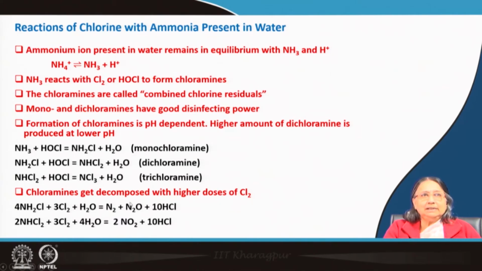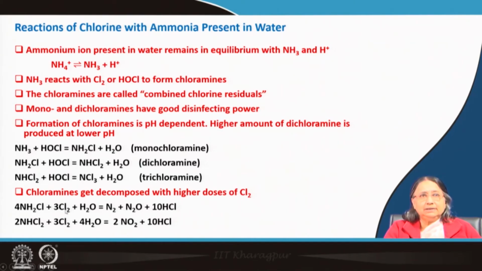Now, chloramines get decomposed. Chlorine is a very good oxidizing agent, you have seen that. If you increase the dose of chlorine, then what will happen? These chloramines also will be oxidized.